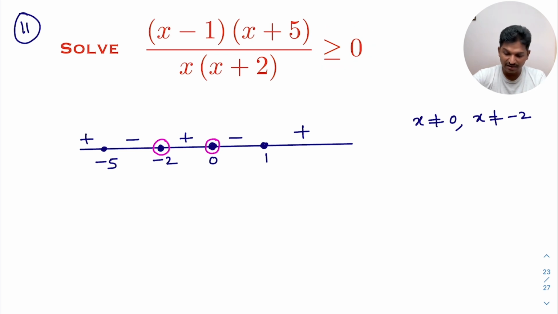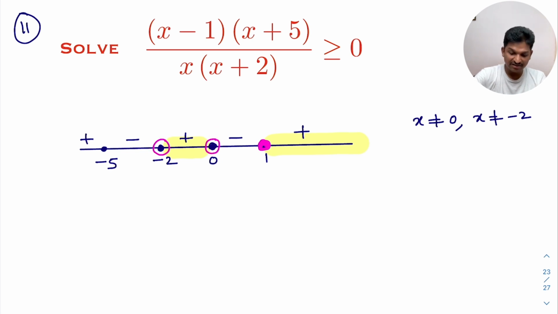Positive sign. You see here this part. 1 is a part of the solution because this is greater than or equal to. So at 1, a dark circle means 1 is included in the solution. Now, next plus sign. Where is the next plus sign? As we already mentioned, minus 2 and 0 are not included because they are in the denominator.